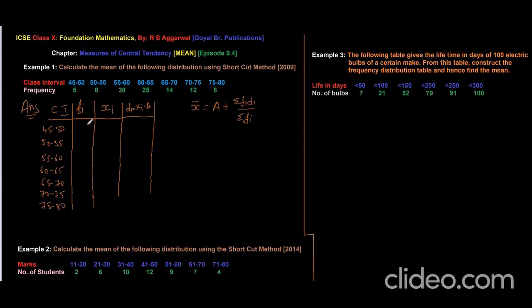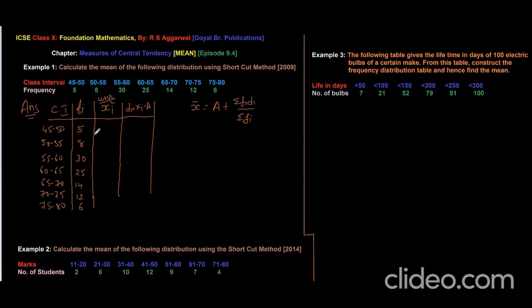Let us write the corresponding frequency for that one. So here 5, 8, 30, 25, 14, 12 and 6. Class mark is lower limit plus upper limit divided by 2.